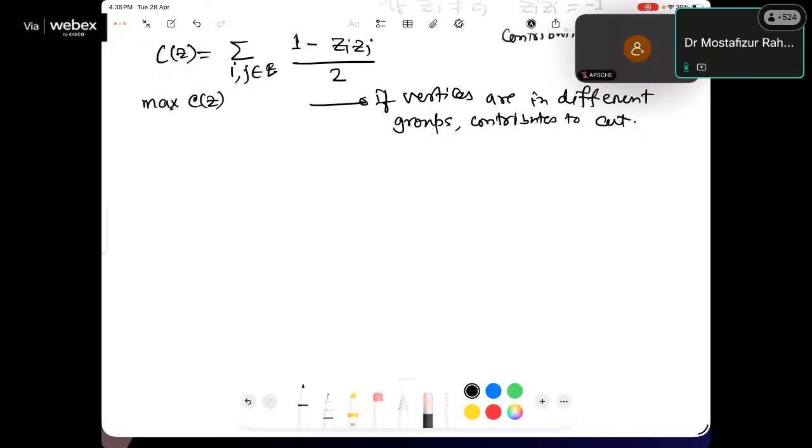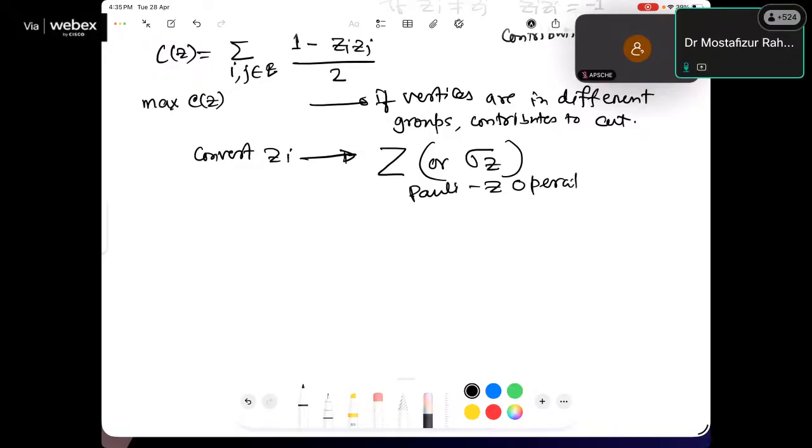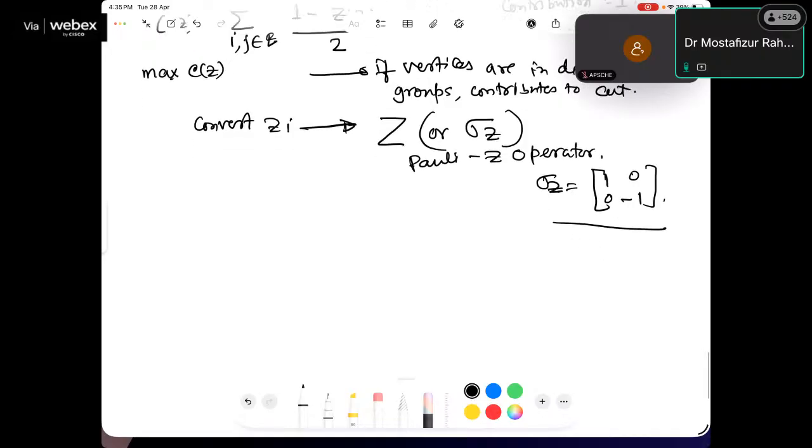Now if we convert the variable z_i to capital Z, or sigma z, which is basically the Pauli Z operator, typically written as the matrix with 1, 0, 0, minus 1, then this cost function is converted from C of z into a cost function over operators.